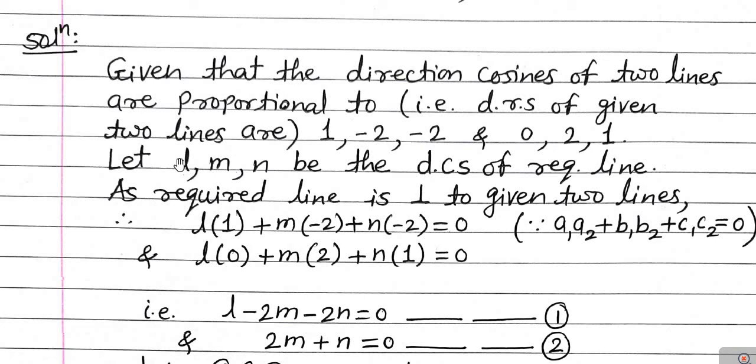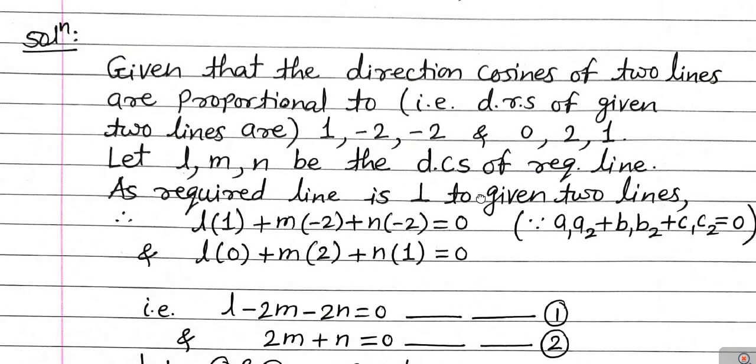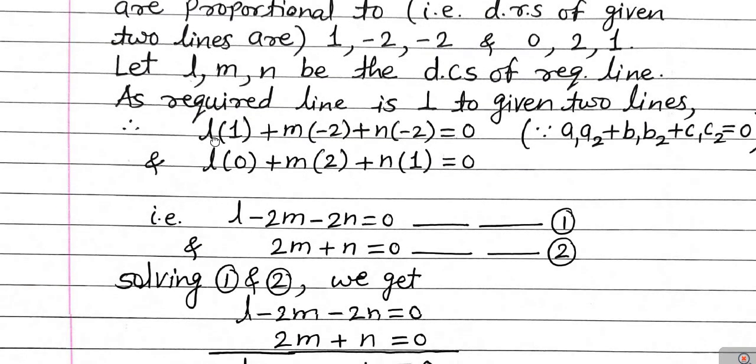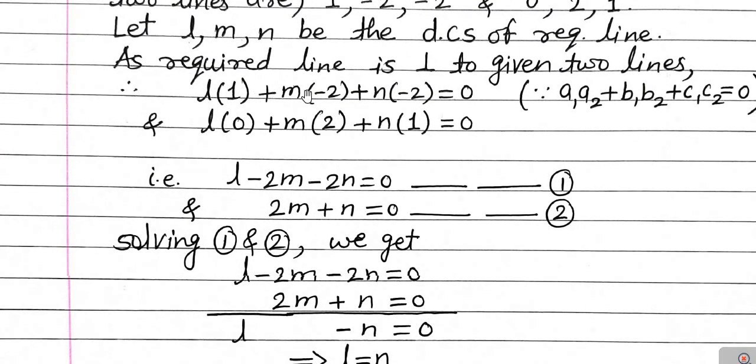Therefore we will get L into 0 plus M into 2 plus N into 1 equal to 0. Now simplify these equations. So we obtained L into 1 is L, then minus 2 into M is minus 2M, and minus 2 into N is minus 2N equal to 0.